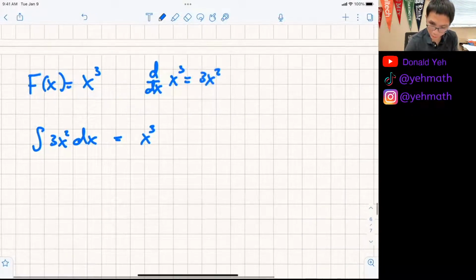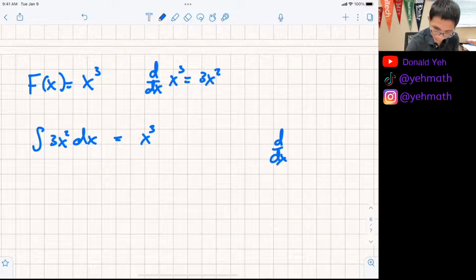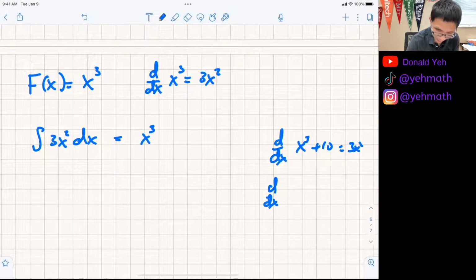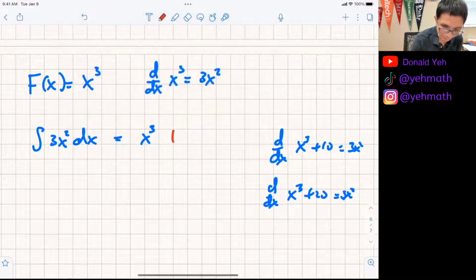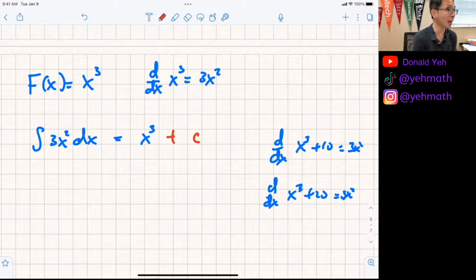What is that result? d/dx of x cubed plus 10 is equal to 3x squared, right? d/dx of x cubed plus 20 is still 3x squared. It doesn't matter if I add 30 or 20 or 25 or 21. So there is a plus c, where c is some type of constant. The constant is going to be very, very valuable.